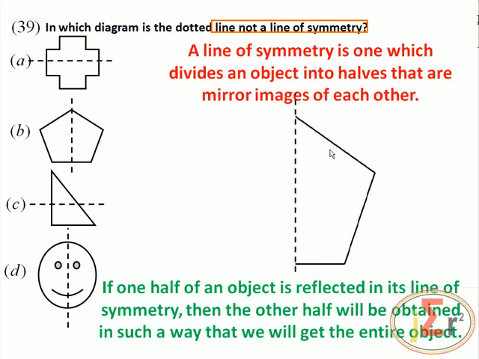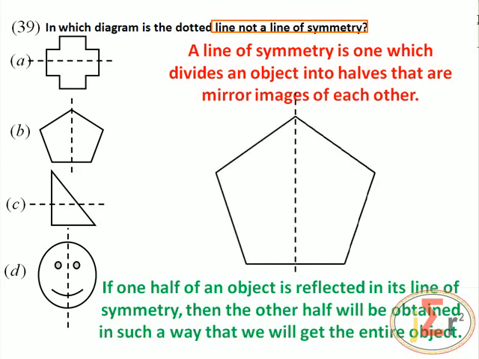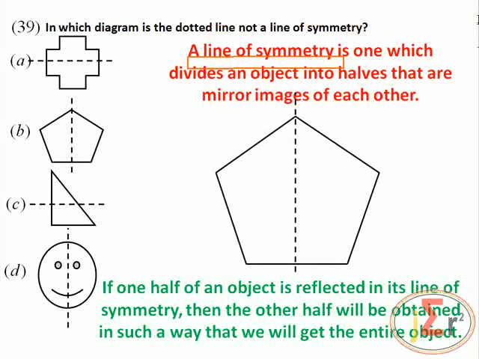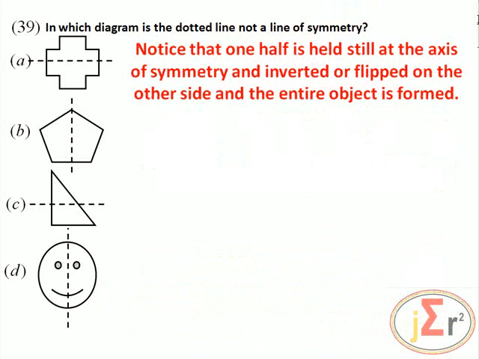The entire object may be formed by taking one half and reflecting it in the line of symmetry. Notice that one half is held still at the axis of symmetry and flipped on the other side, and the entire object is formed.